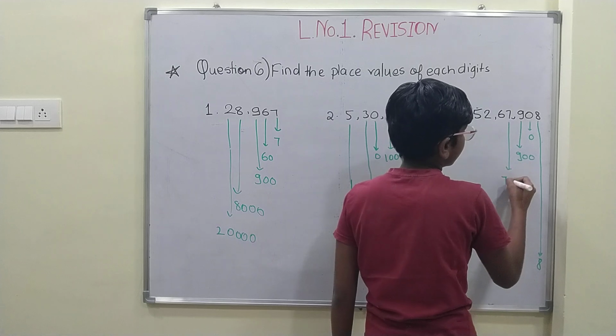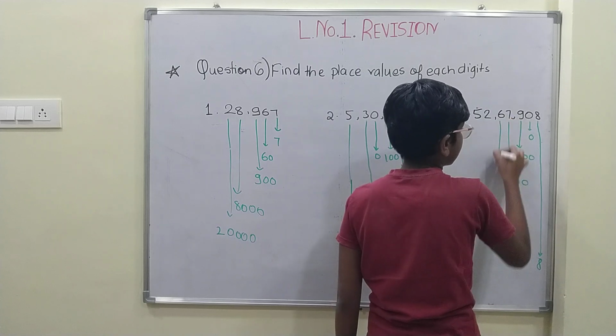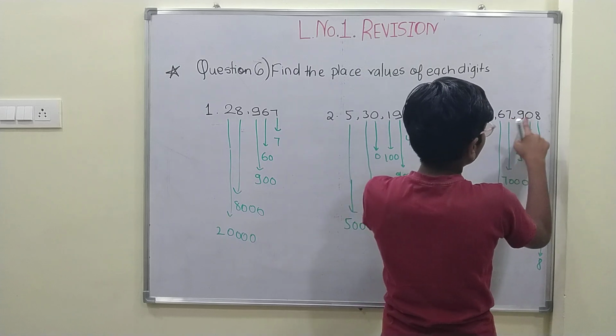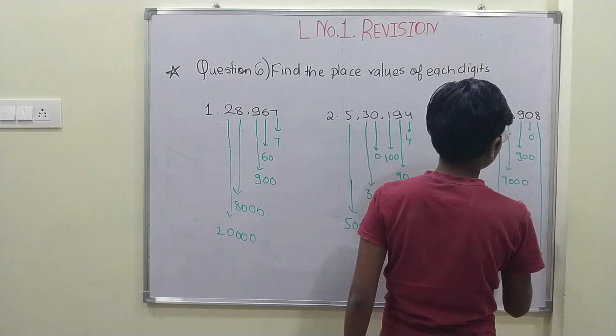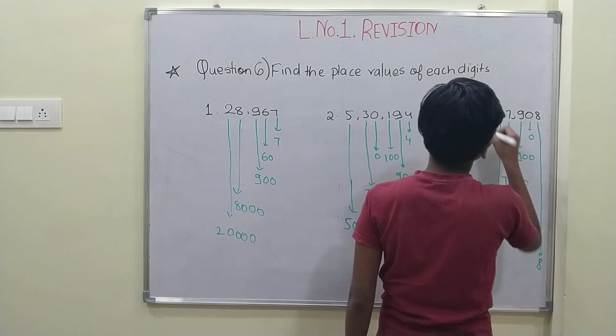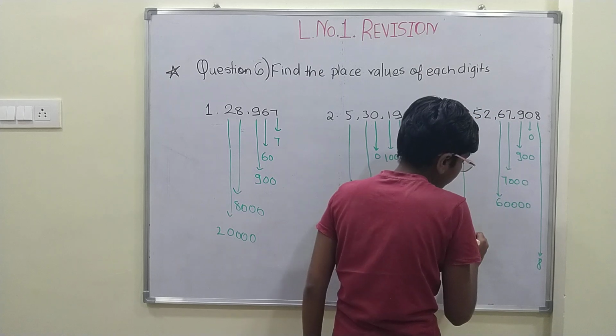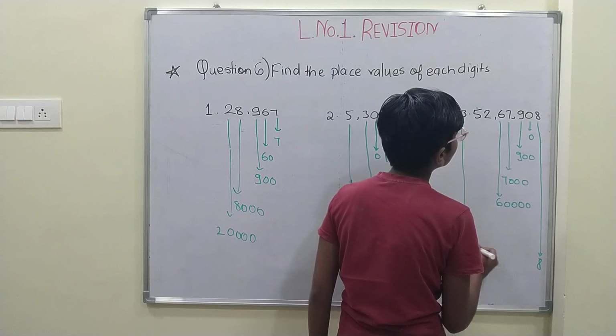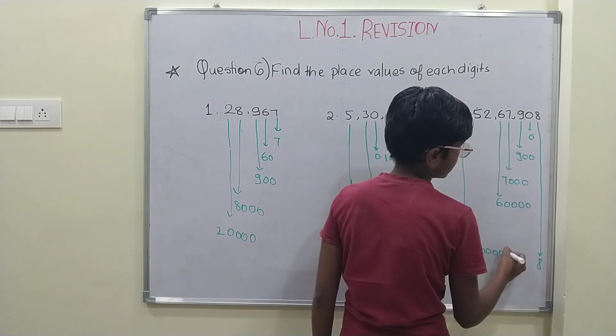7 would be 7,000 if you count the last digits: 1, 2, 3, 4. So 6, 1, 2, 3, 4. 3 would be 1, 2, 3, 4, 5, 6, 7.